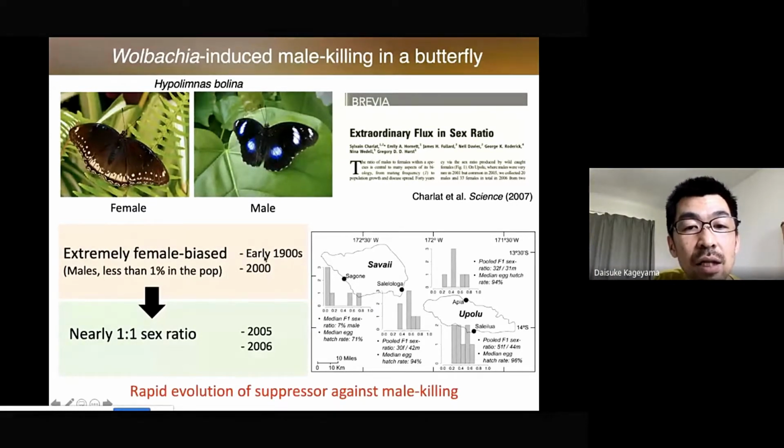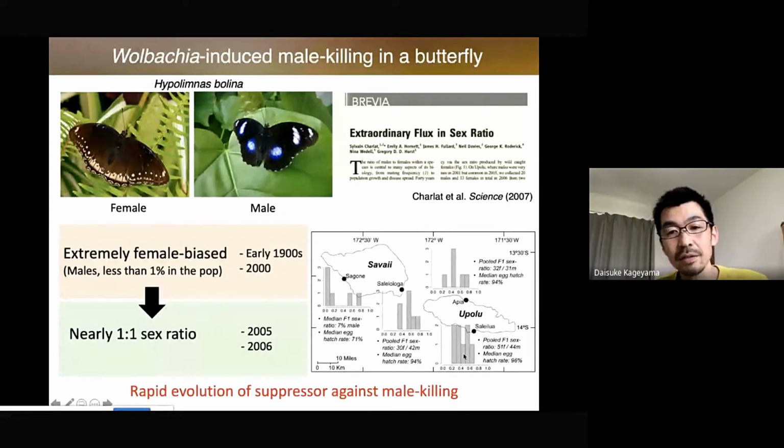In the early 1900s, this butterfly population on the South Pacific islands called Samoan Islands had less than 1% males, and the sex ratio was extremely female biased. This female-biased sex ratio was also observed in 2000. But surprisingly, after 5 years, they found the sex ratio had returned to completely normal.